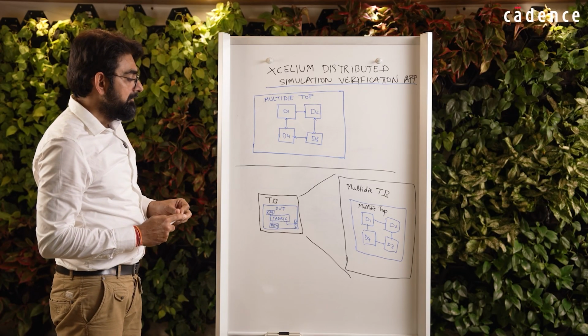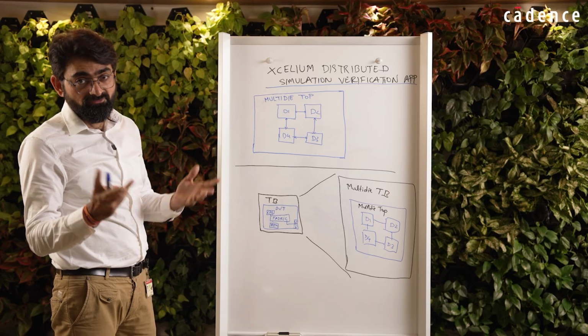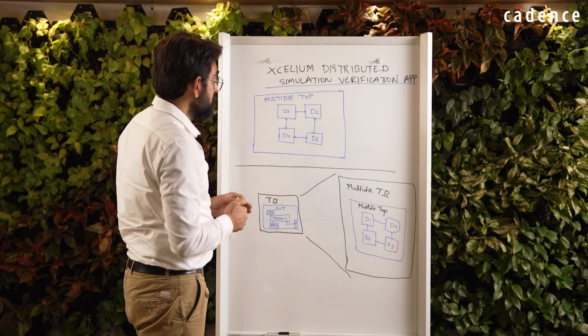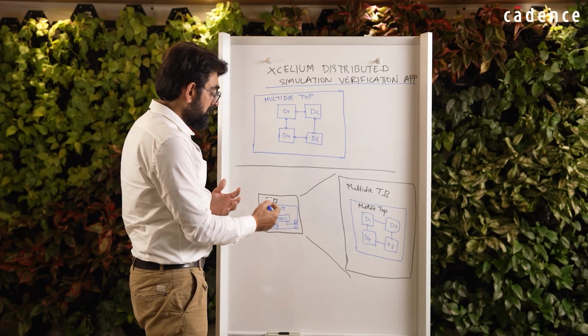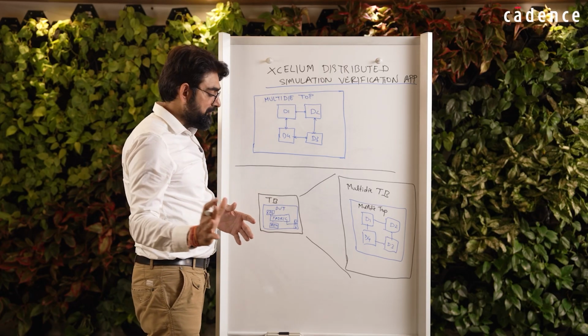However, this is a very new field, so there are not a lot of precedents. The challenge I would like to bring in is going from a single die to multi-die from a verification point of view.